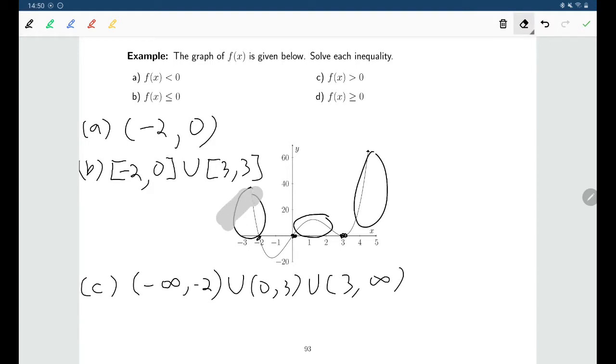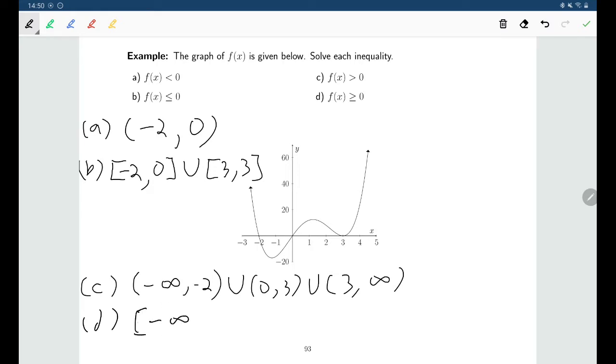So when I say where are we at or above the x-axis, the answer for D is everything from the far left, I'll make that look more like a round bracket, there we go, up to and including the -2, so a square bracket around the -2, together with everything from 0, including the 0, onward.